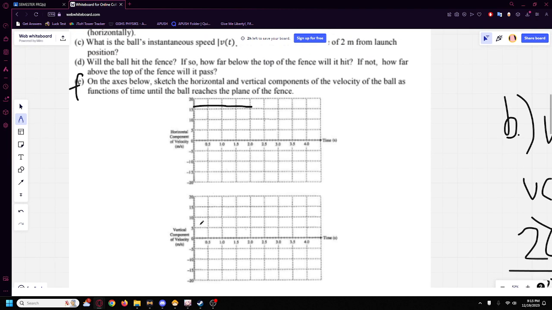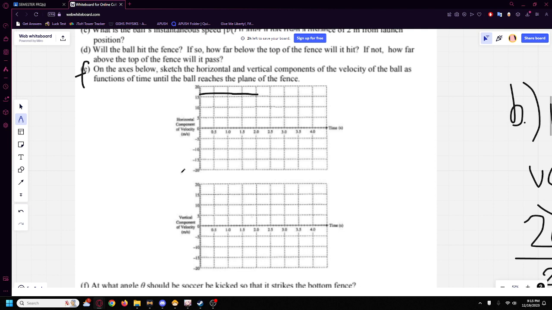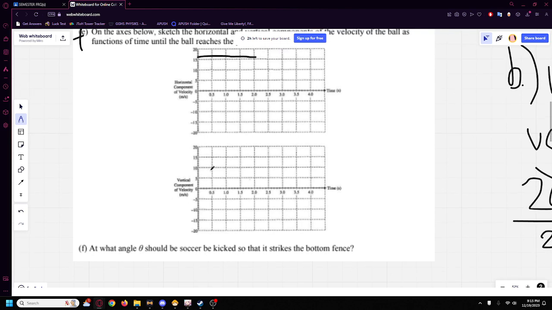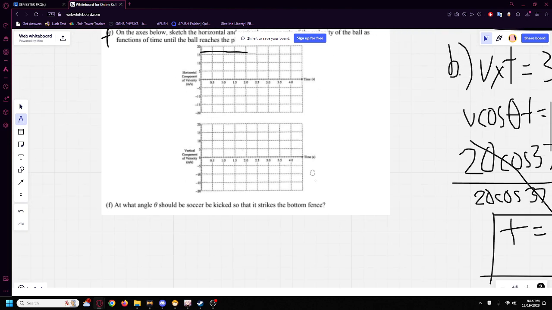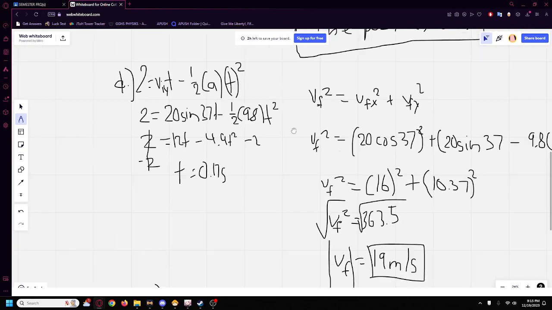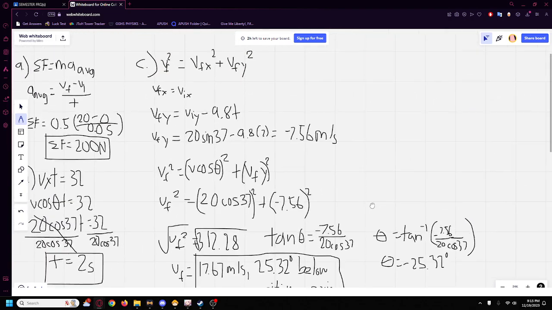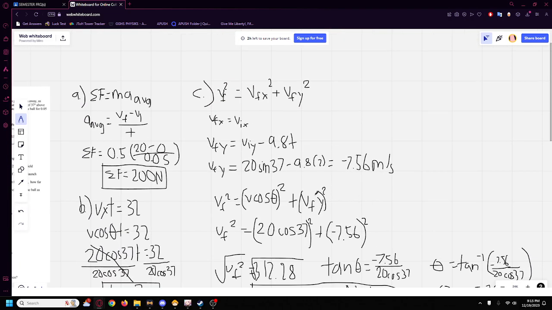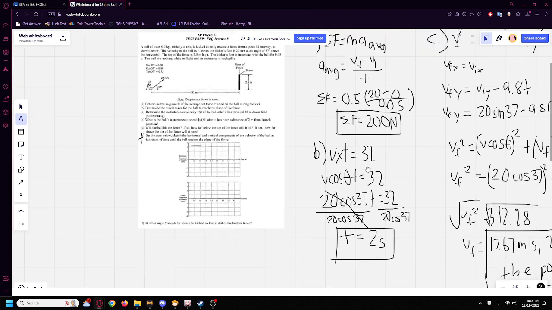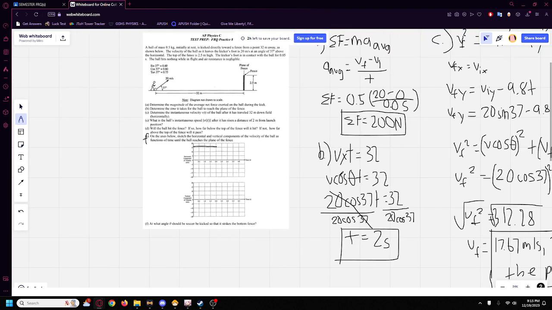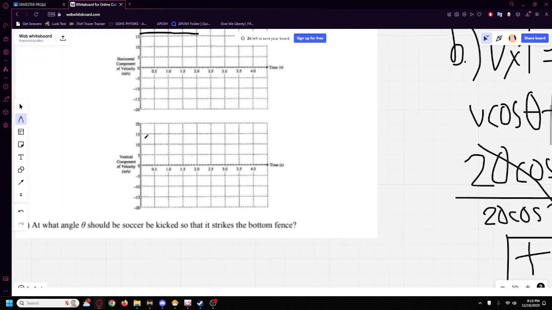And then the Vy, we know acceleration is acting on it, so it means that the ball will decrease by 9.8 every second. So Vy starts at about 12, and it goes down by 9.8 every second.